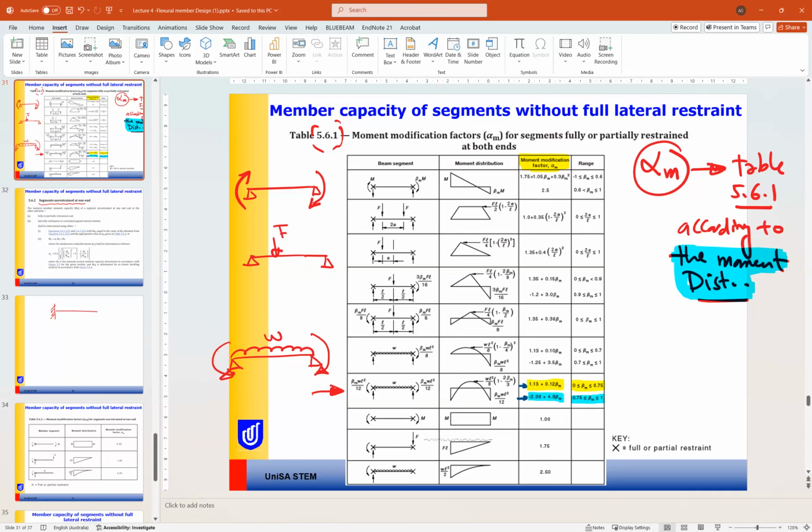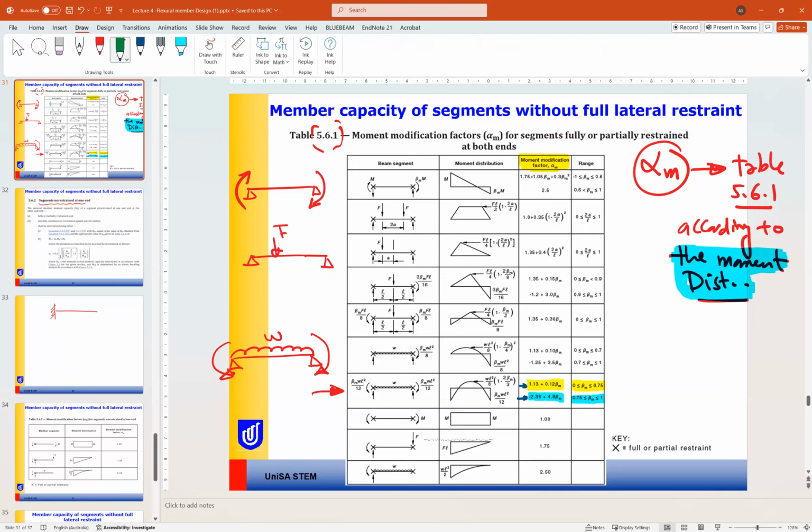For the first one, this and this are the reactions. Yeah, because x here is a support. If this is a support, you may have a reaction. If it is not a support, you will have shear from the adjacent parts of the frame or the beam.